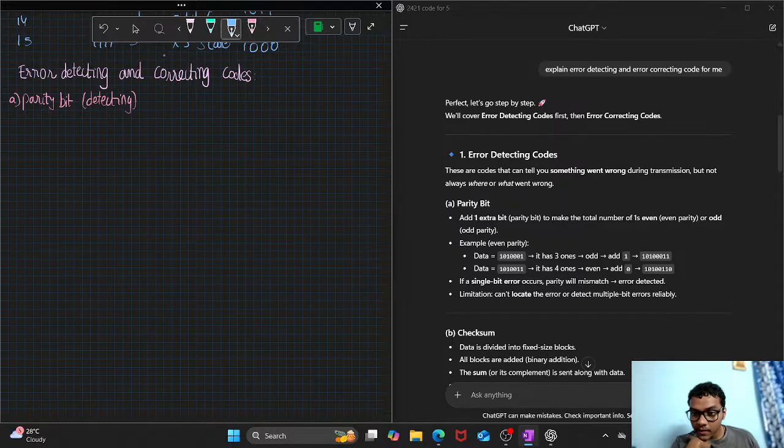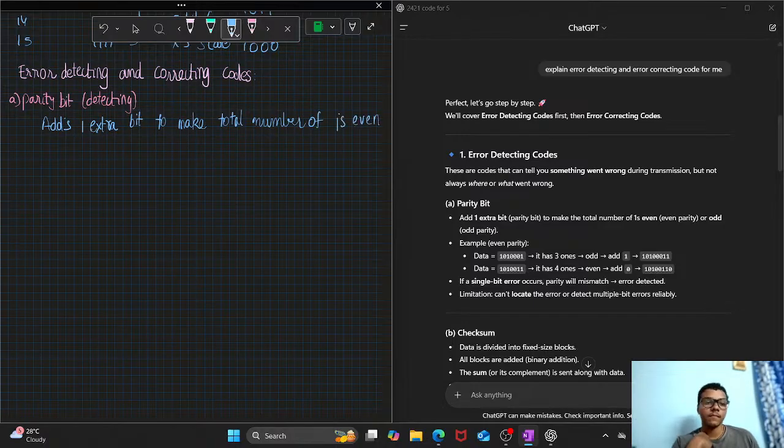Add one extra bit to make the total number of ones even or odd. Parity. That's how it works, right?